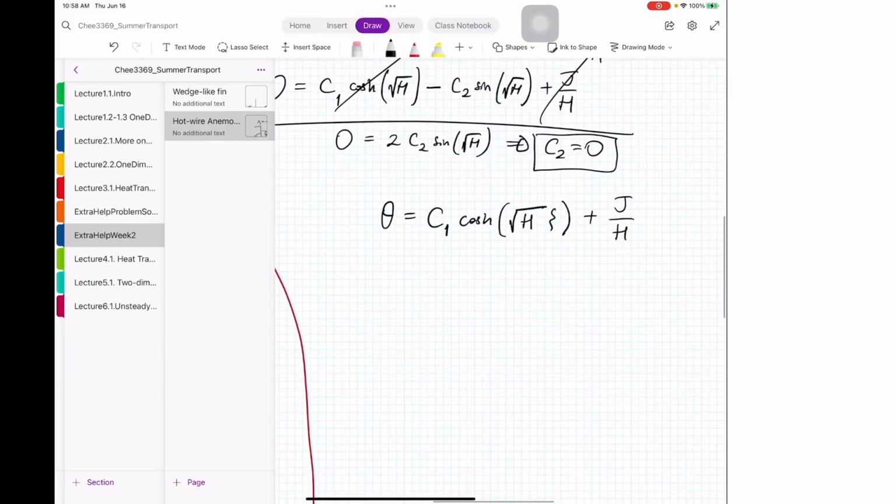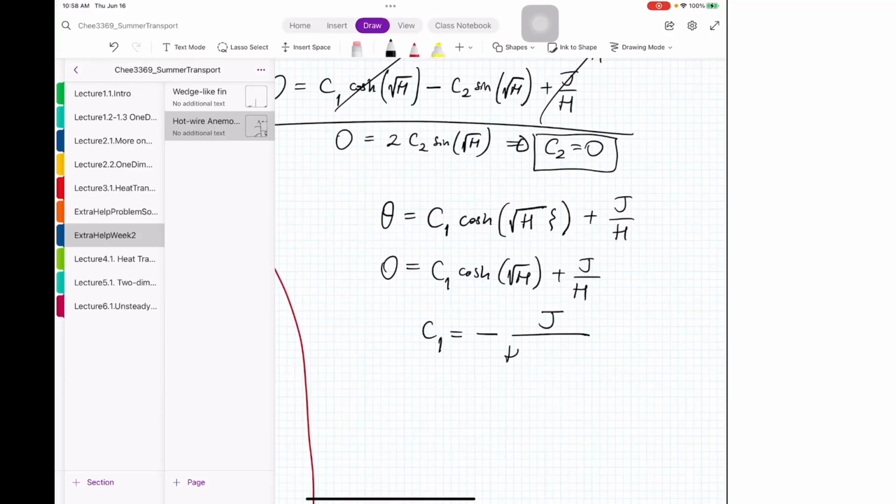Let's use one of the boundary conditions again to find the C1. At psi is equal to 1, theta is 0, and this gives us the C1. C1 is equal to minus j over h times cosine hyperbolic square root of h.